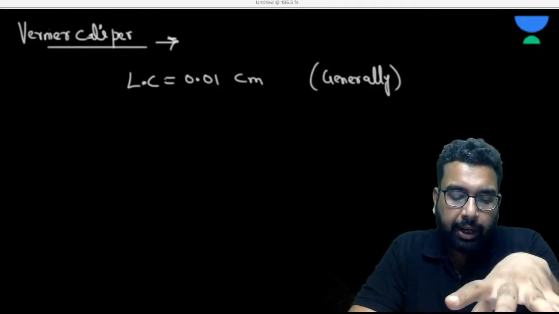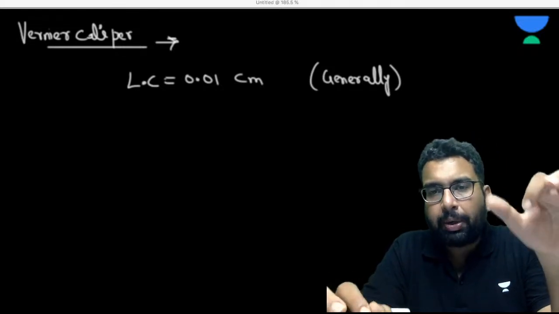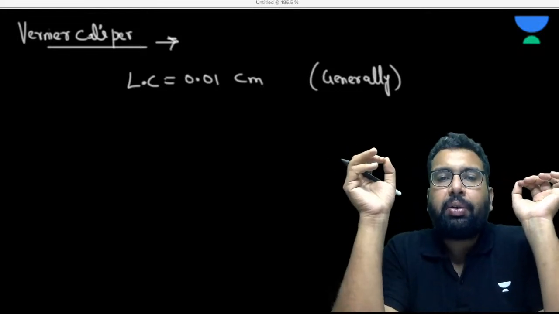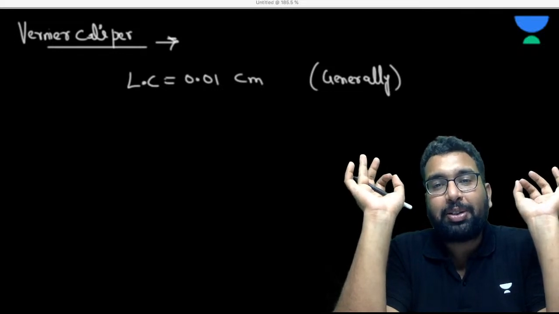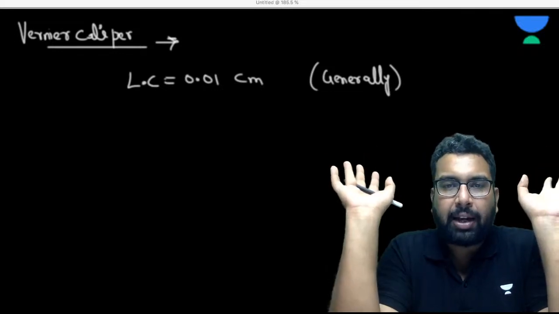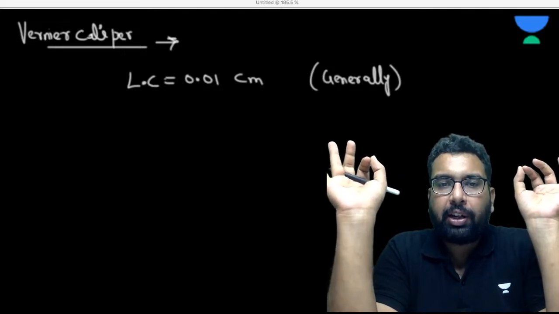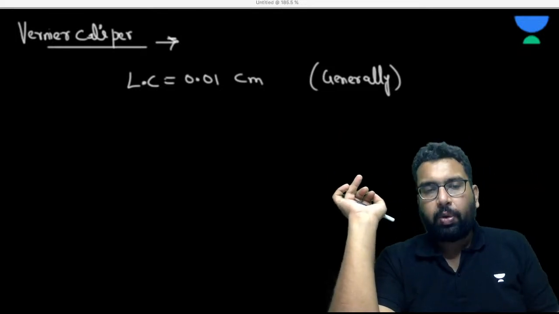Because I have seen students, when they see a question of vernier caliper, by default use the least count as 0.01 centimeter. Please don't do that. You calculate the least count of the vernier caliper.